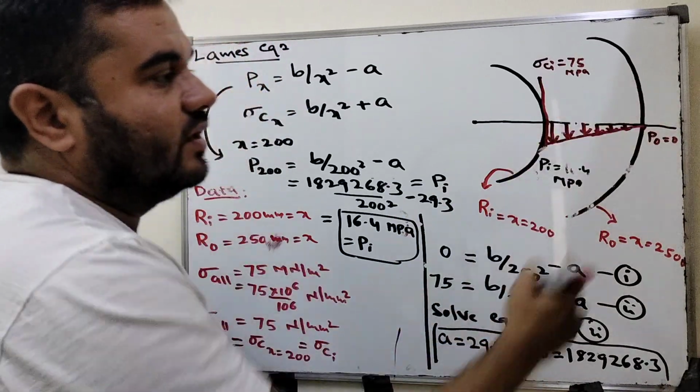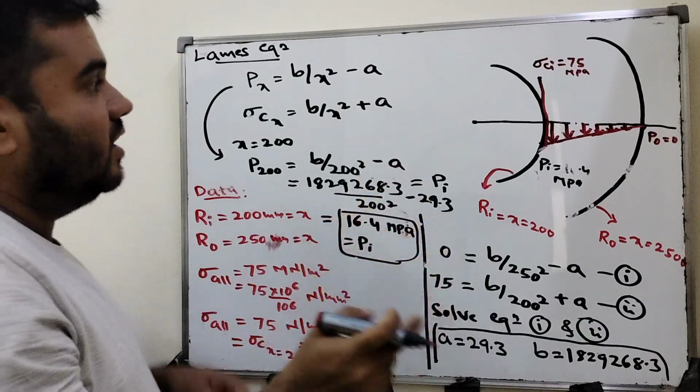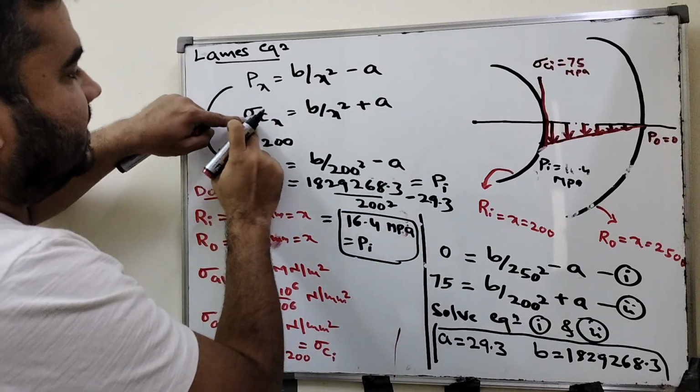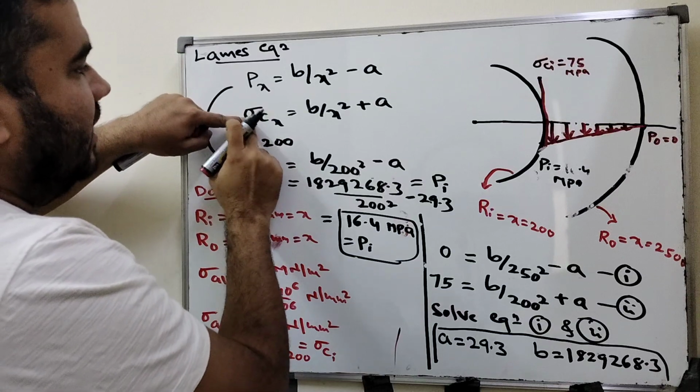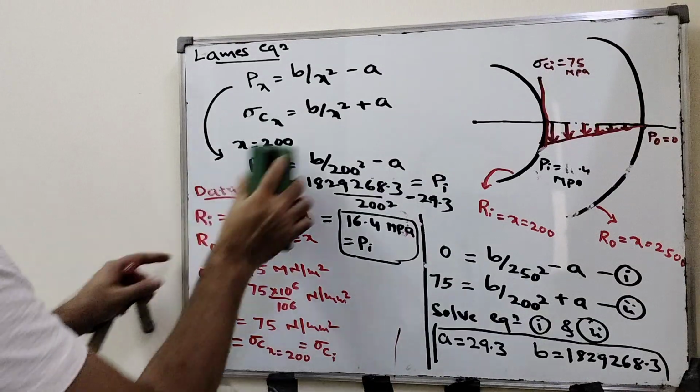Now we will calculate the circumferential stress at the outside of the wall. Which equation do we have to use? This is the second equation. Now I'll use this equation.